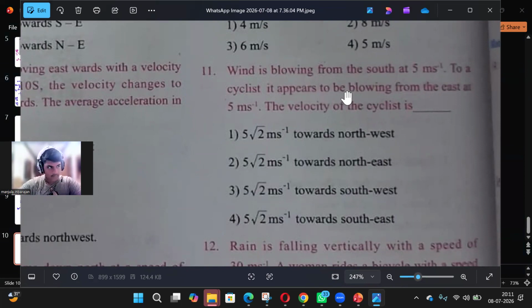VWC: W is wind, C is the cyclist. So the direction of VWC is i cap. Okay, so get the answer. Yes, sir. This one, the cyclist appears to be blowing from the east. VW is 5 minus j cap.